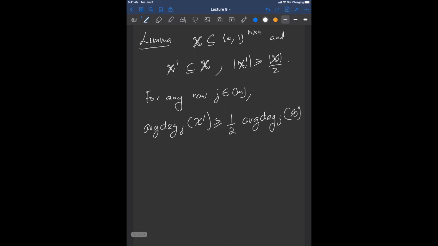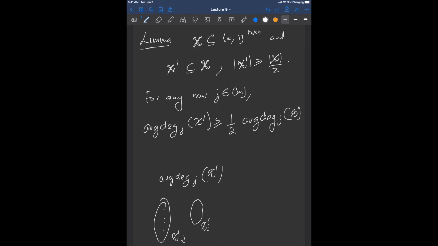So how do we prove this? What is the average degree j of x dash? Remember this graph. We had all the partial matrices with the row j removed here, and all the partial matrices with just the row j from x dash here.